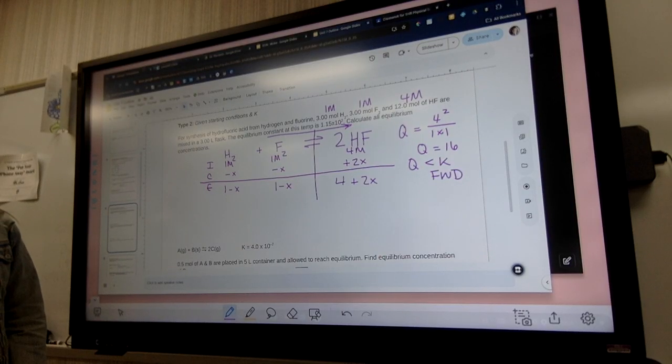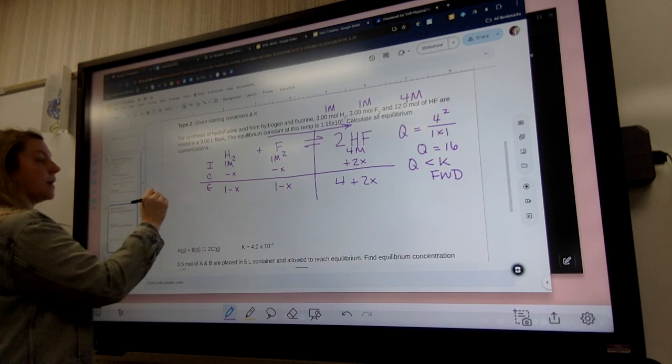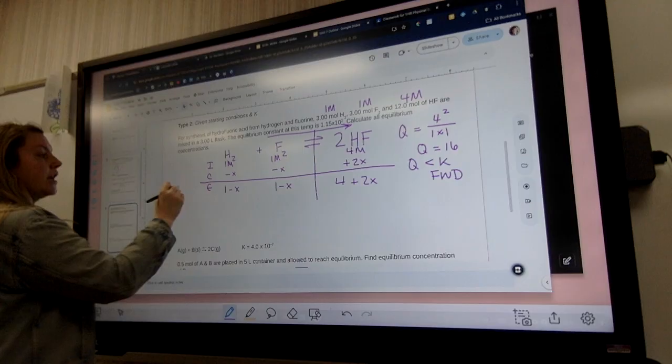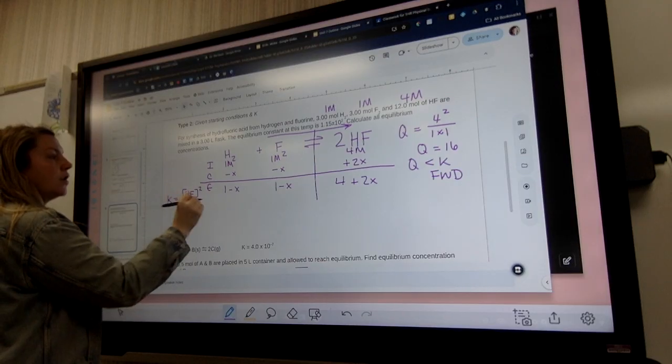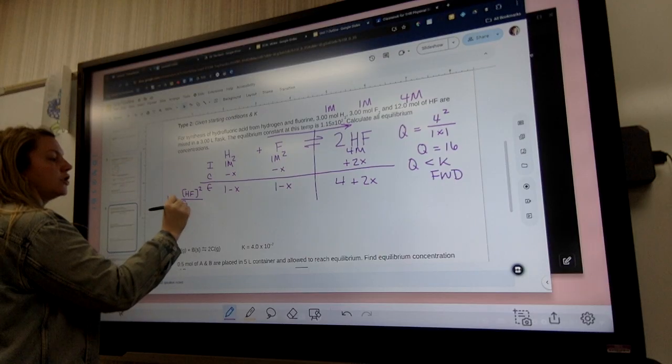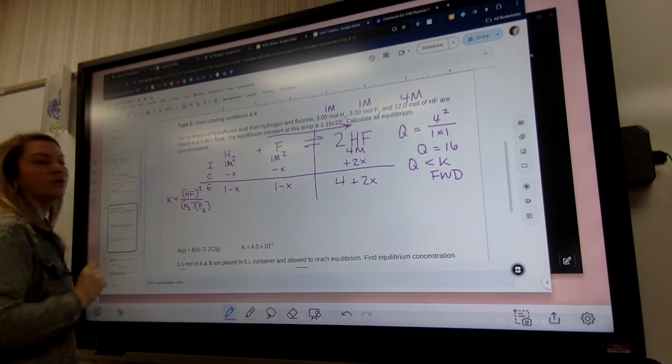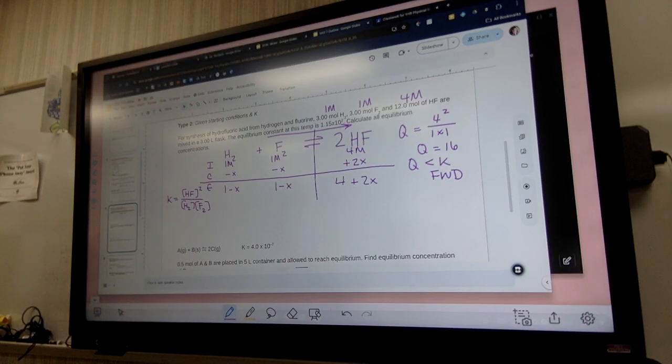Okay, now we're going to plug these into our K. All right, so our K expression we know is HF squared over H2 times F2, both to the first power. Okay, now we're going to plug in these expressions and the K value into this.